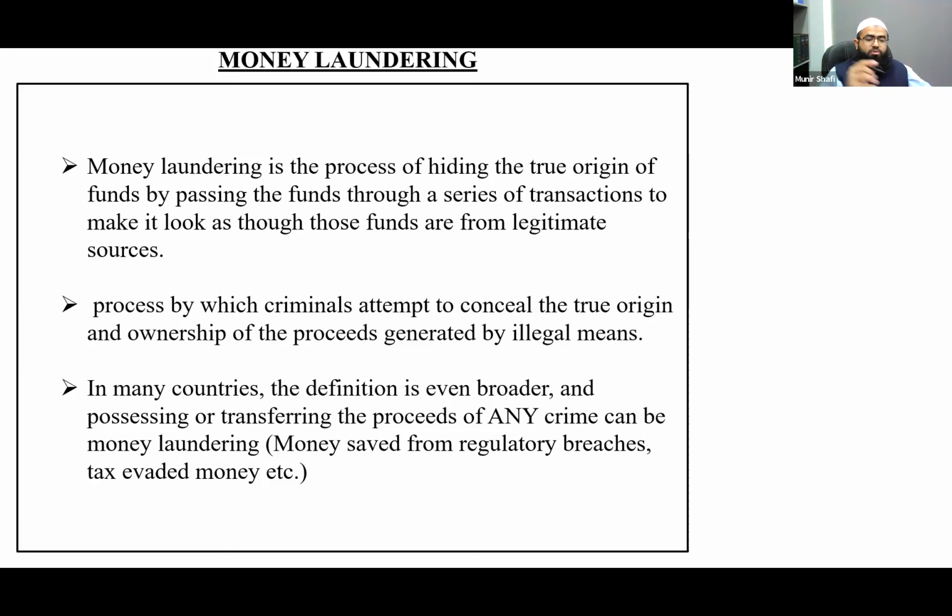This statement is very important. Not only conceal it, but my next motto will be to show that these funds have come from legitimate sources. That's the challenge. How do we do this?